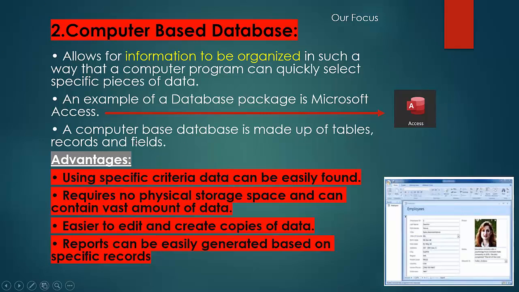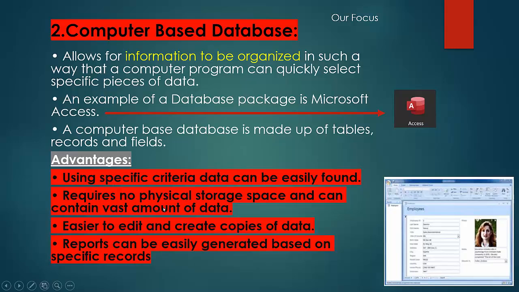The computer database is made up of tables, records, and fields. We are going to learn what the records, tables, and fields are later on. So the advantages of this computer database: using a specific criteria, data can be easily found, and we are going to talk about the criteria later on.